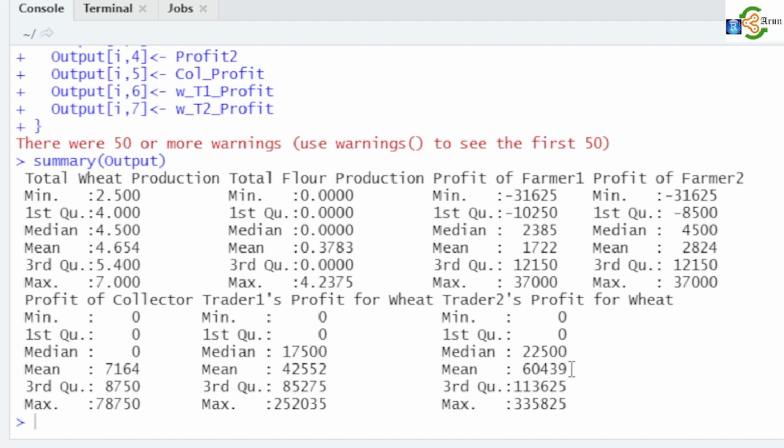You should focus on several kinds of risk factors and several kinds of instances which may reduce the profit, which may reduce the production. Okay, so I hope from these simulations you got some insight how the agribusiness is working in the real world. Okay, you can do this simulation very easily in R programming.